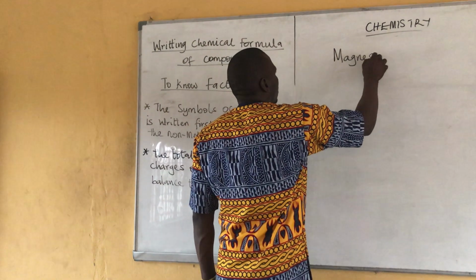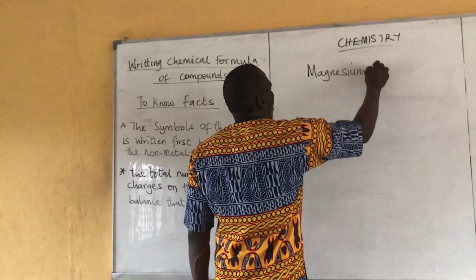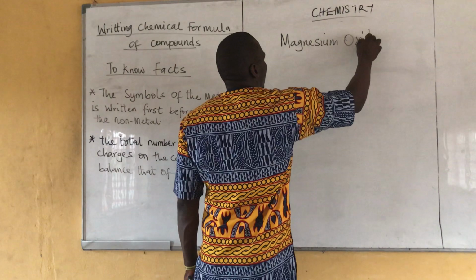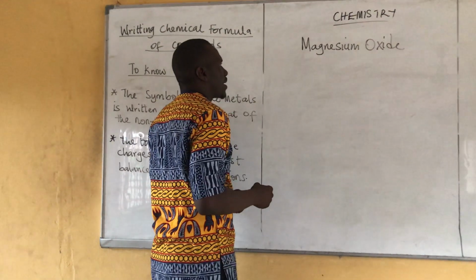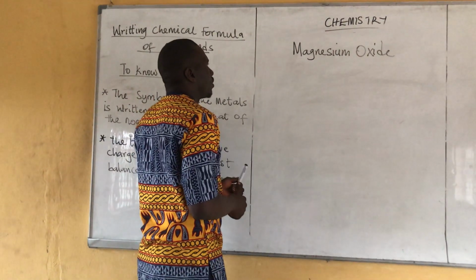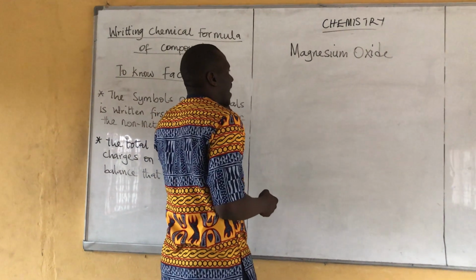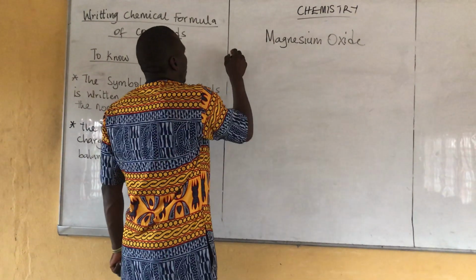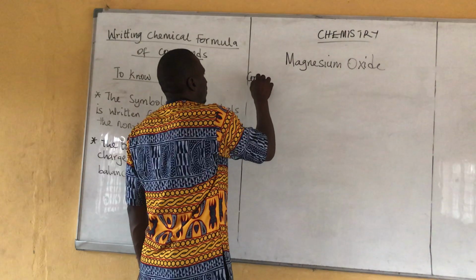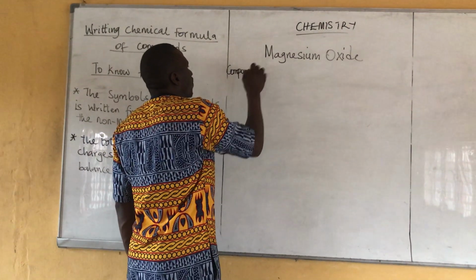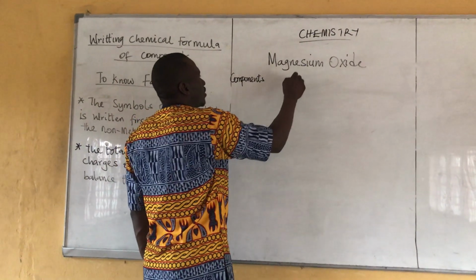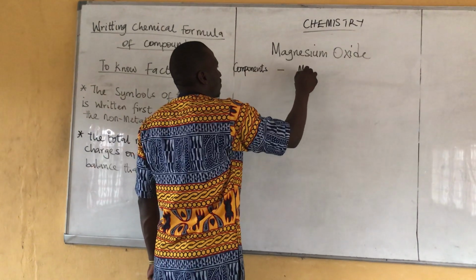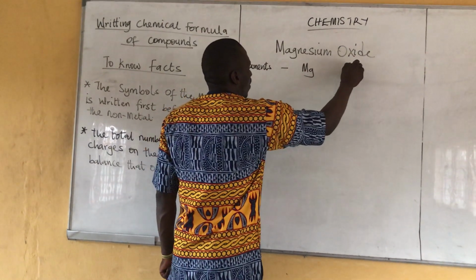Magnesium oxide. Let's get the components of this compound. They are magnesium and oxygen.